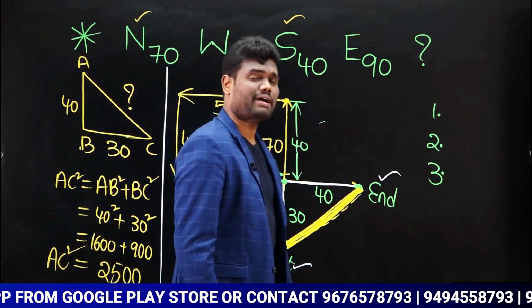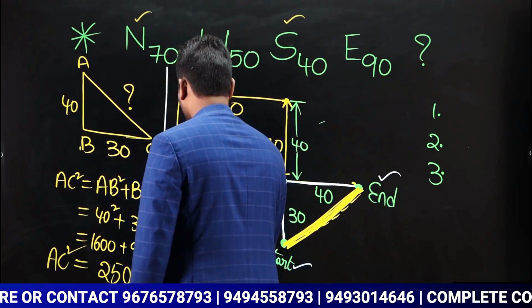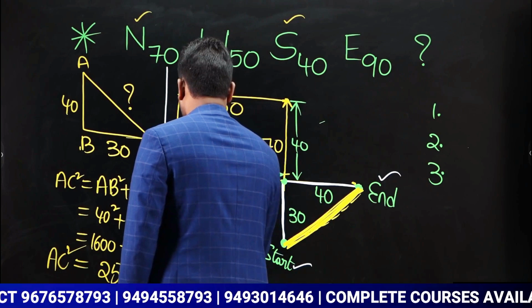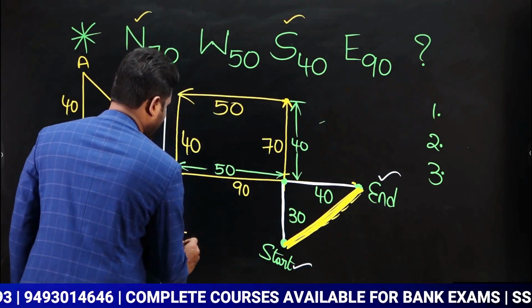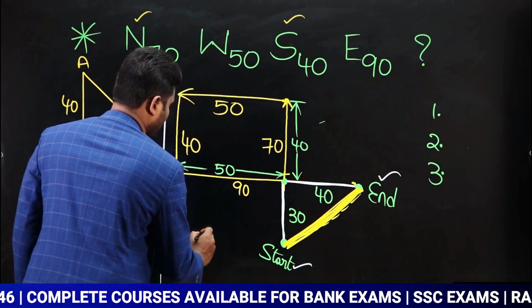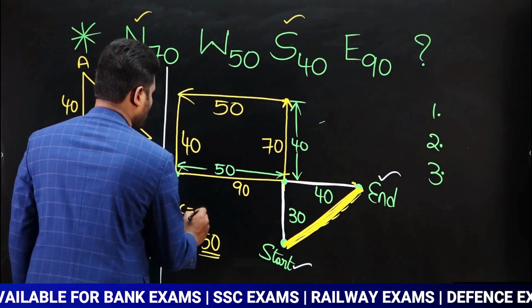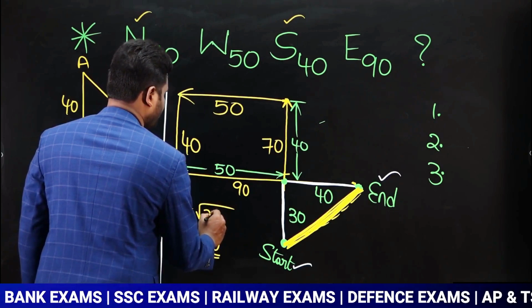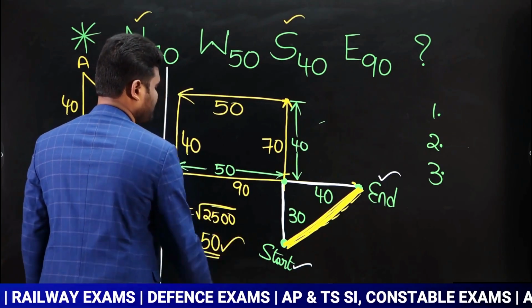If AC square value is 2500, now I need to know value of AC. Yes or no? Now value of AC is nothing but square root of 2500. Now square root of 2500 is going to be 50. Yes or no? AC is equal to square root of 2500, which is nothing but 50.